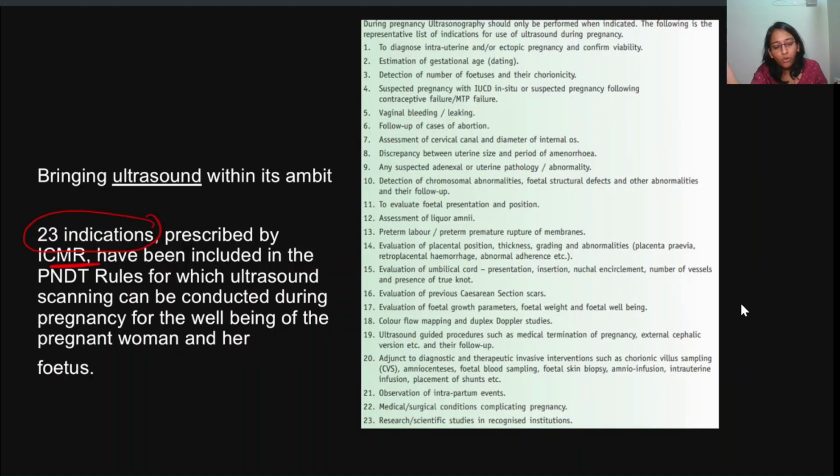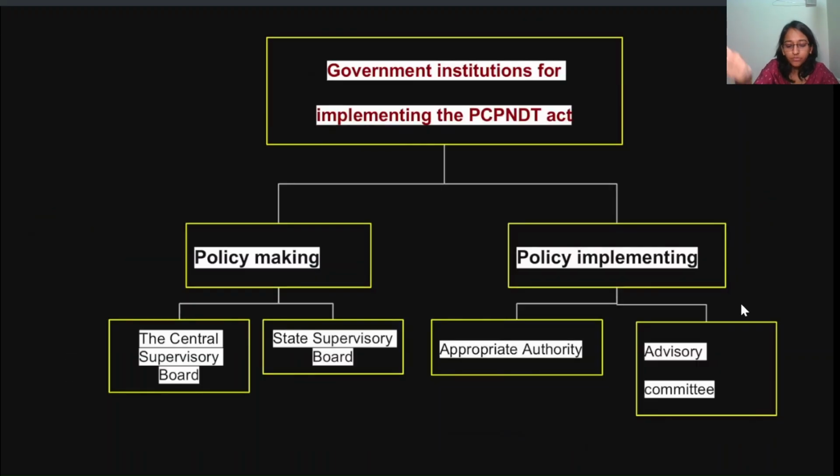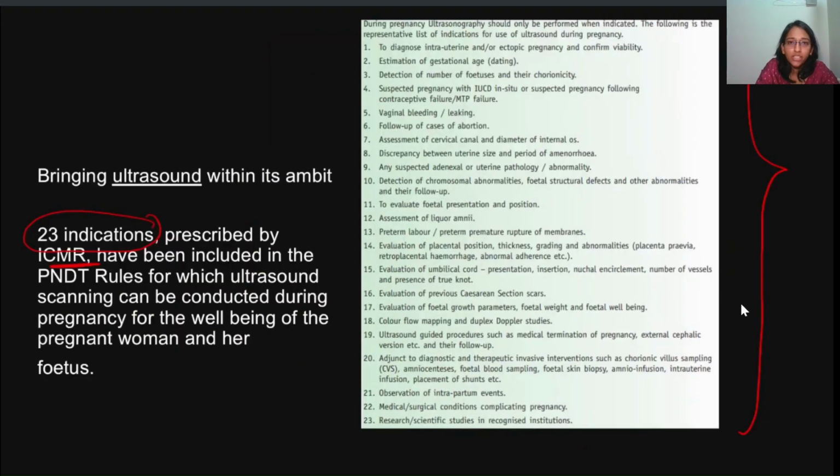So whatever ultrasound we do on a day-to-day basis on a pregnant woman, there are 23 indications given by the ICMR, and only for these indications can scanning be done on a pregnant woman. You can take a screenshot of this and go through it. I have taken this from an article about these 23 indications. If you can remember, well and good.